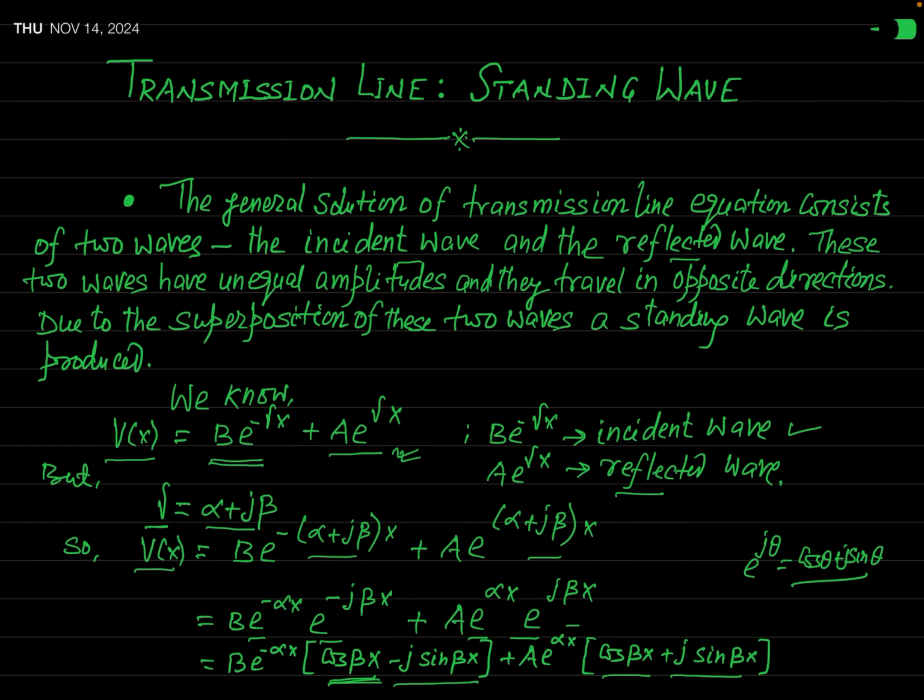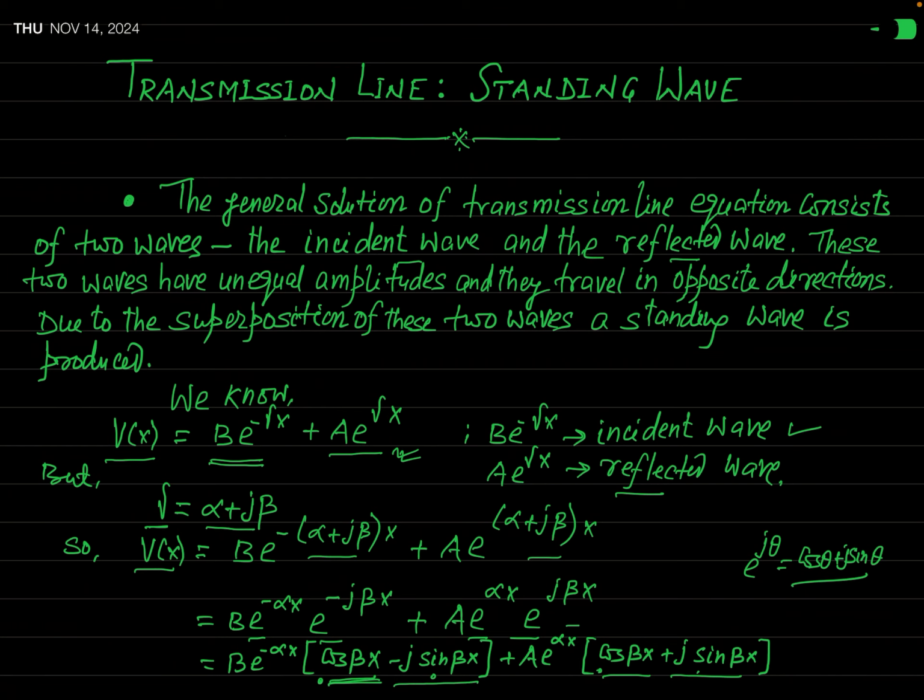The first term here is b times e to the power minus alpha x times cos beta x, and here the first term is a e to the power alpha x times cos beta x. So when you combine these two terms, you may take cos beta x as a common factor, and when you associate the terms containing j, you may take j sin beta x as a common factor.